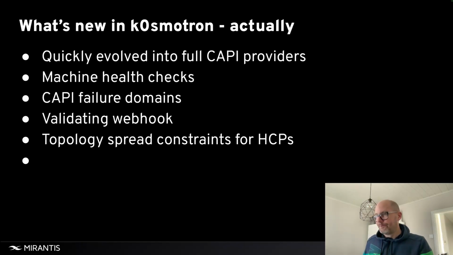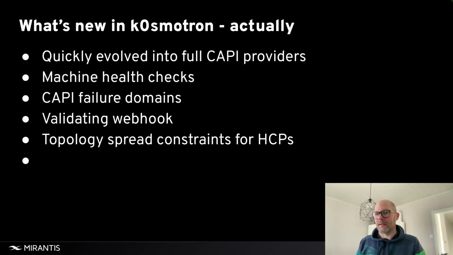All right. That brings us actually to Cosmotron. Like I mentioned before, the biggest change in Cosmotron from the initial idea and initial implementation to run the controller nodes as pods is that it really quickly evolved into supporting Cluster API.